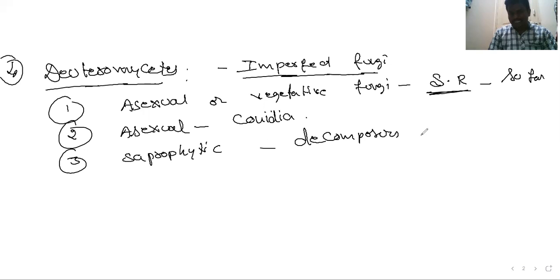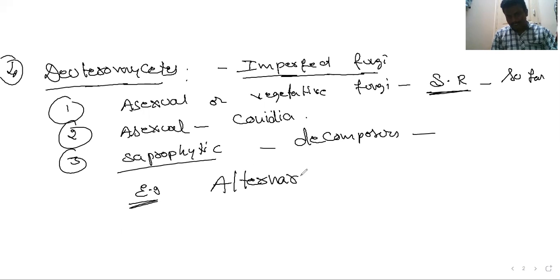Decomposers decompose dead and decaying plant and animal bodies. Saprophytic means they break down complex molecules into simple molecules. These are all the points of Deuteromycetes. Examples: Alternaria, Colletotrichum, Trichoderma.